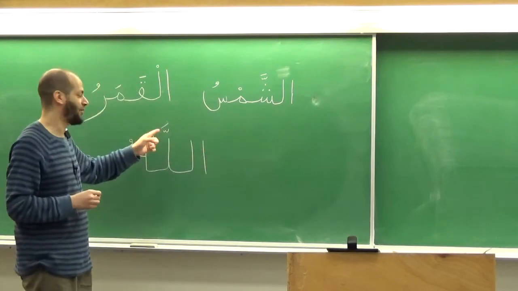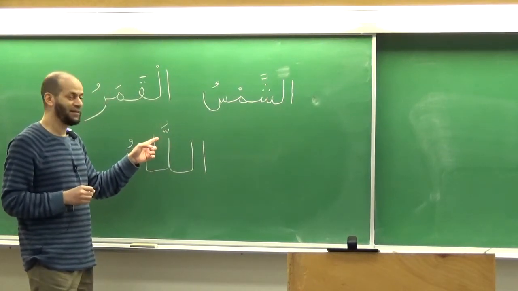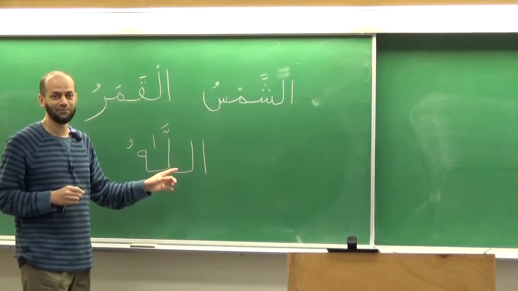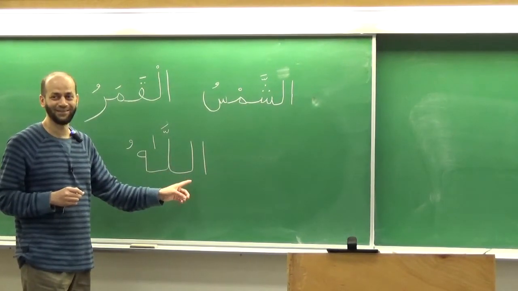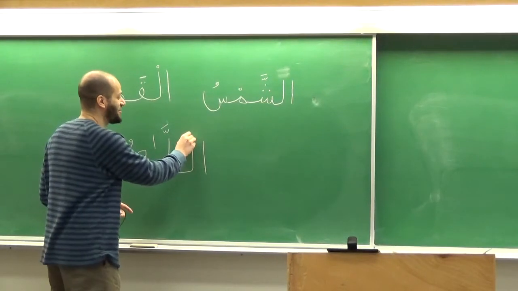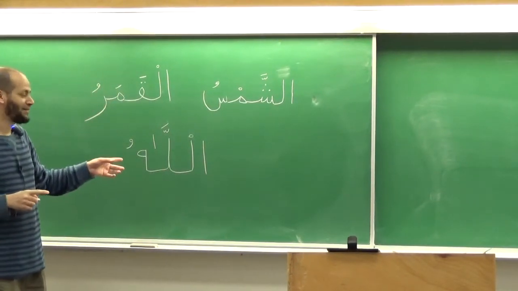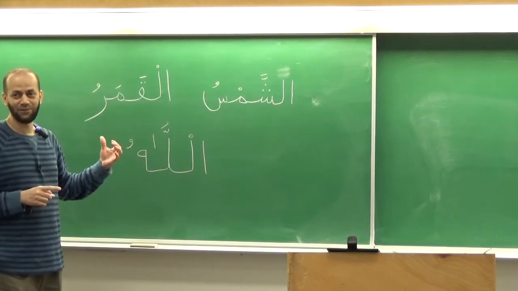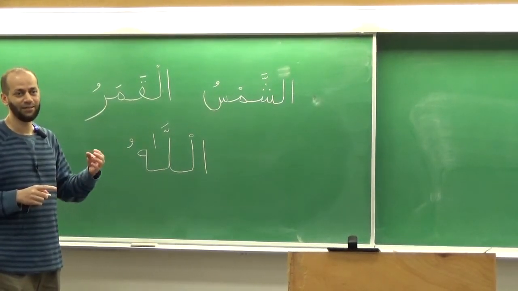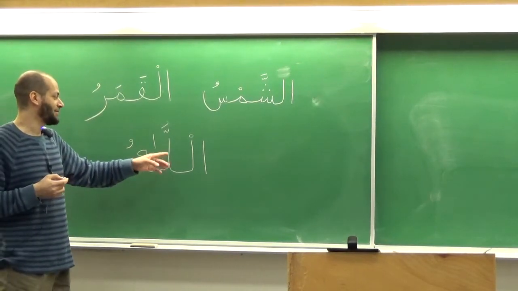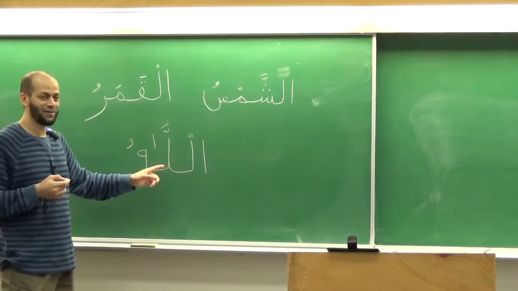Why? Because it has a shadda on it, which means that we don't pronounce the lam. Which lam are we not pronouncing? The first one. Right? So this lam we are not pronouncing. And you have to try to remember this, because we'll come back to it many times in the future, so that we don't confuse this lam with the next lam.